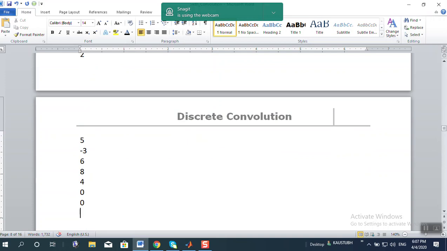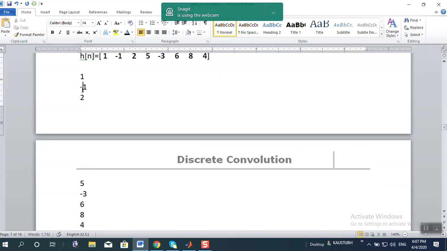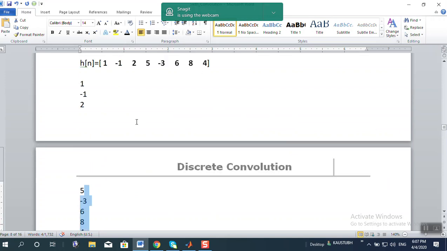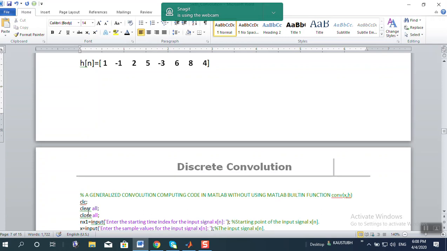Total 16, like that, 16 zeros. Then it will go on this way. So that means it will create the folding and shifting together. The matrix will be folding and shifting.